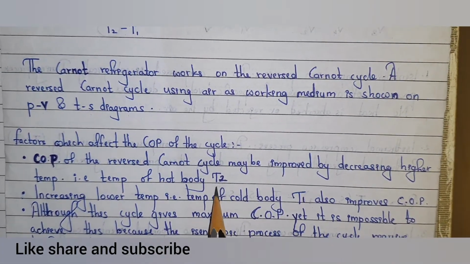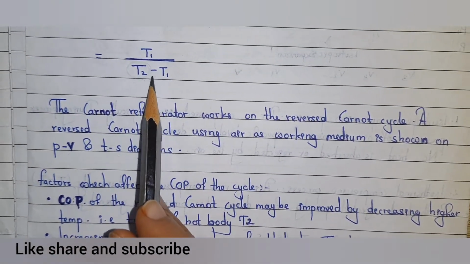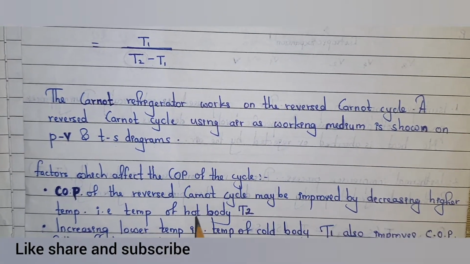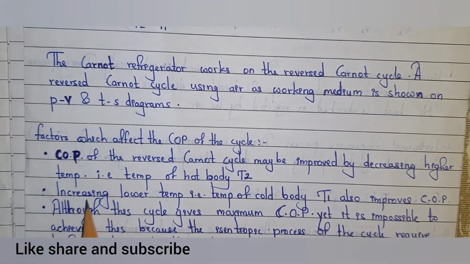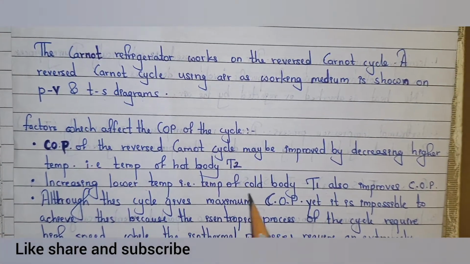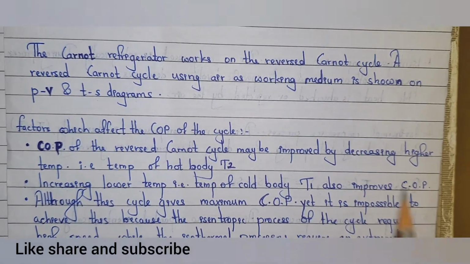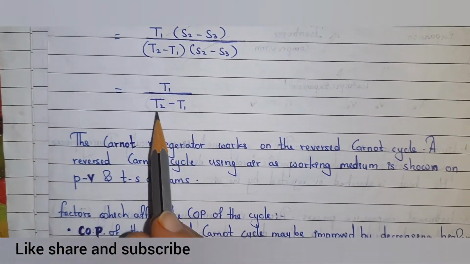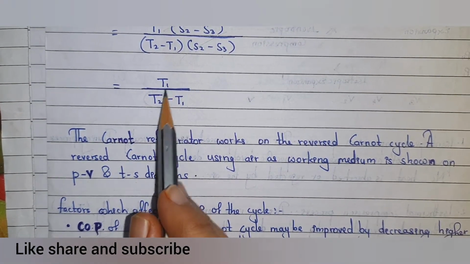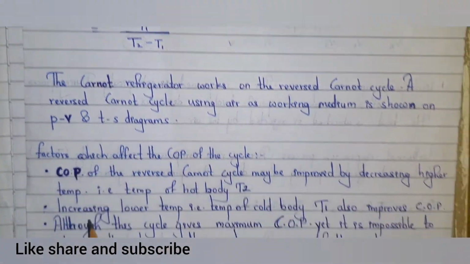This T2 value should be reduced only by a small quantity, otherwise the expression will again become negative. Our next point is increasing the lower temperature, that is the temperature of the cold body, T1, which also improves COP. Here after increasing T1 there will be an increase in COP, as T1 is in the numerator.